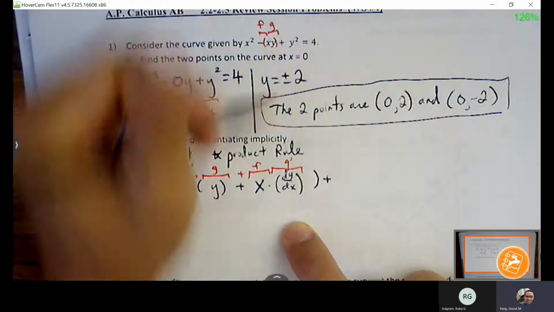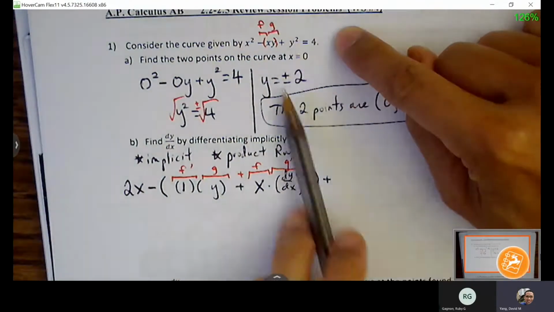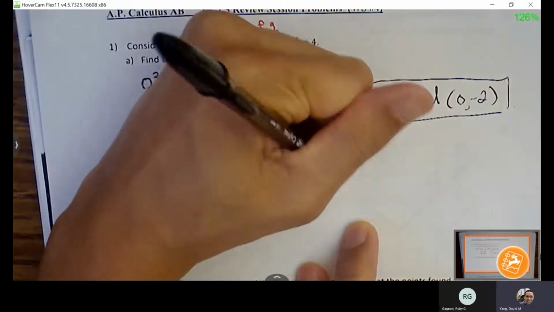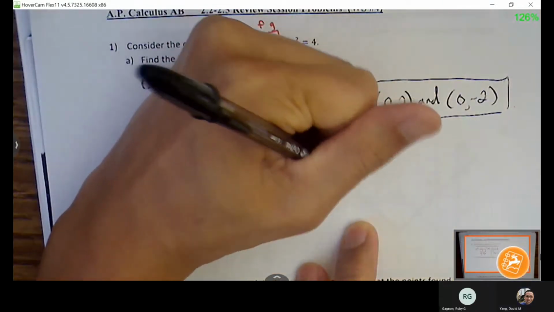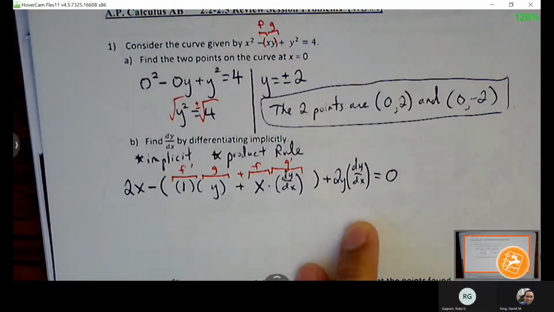Okay, we're going to finish out the rest of the terms here. Y squared becomes 2y. We're asking for y's derivative, so we need that dy dx. And then 4 goes to 0.